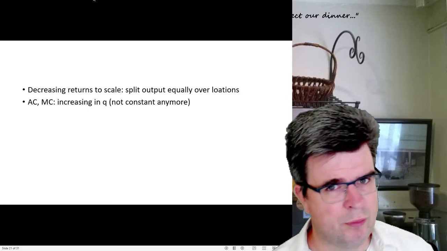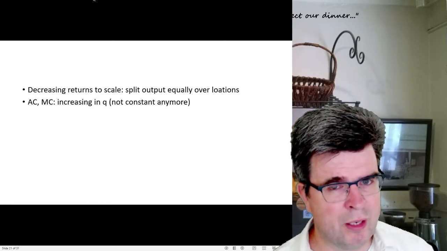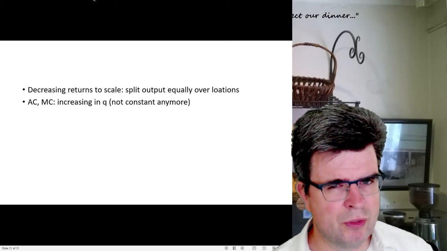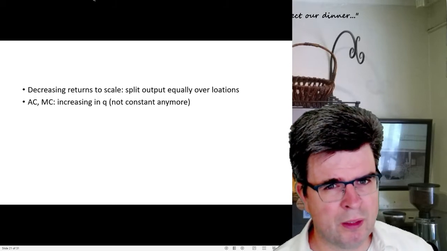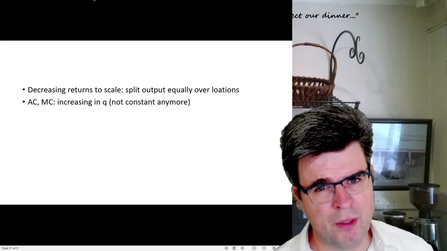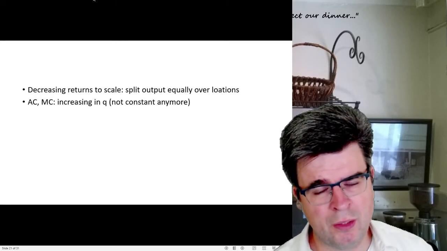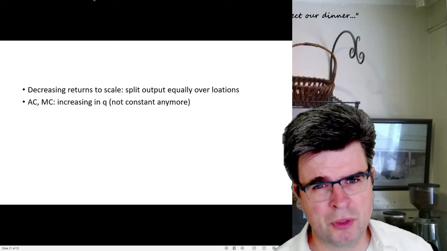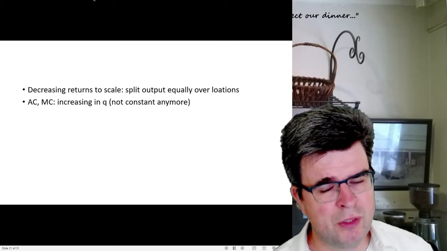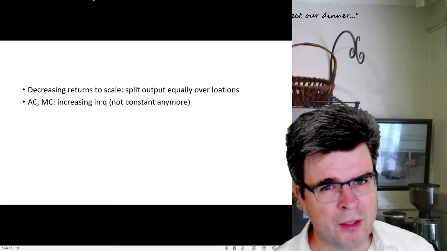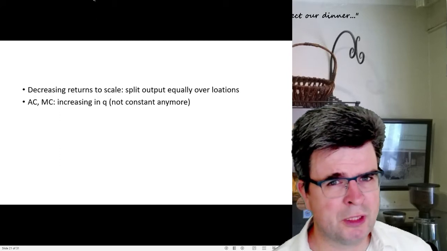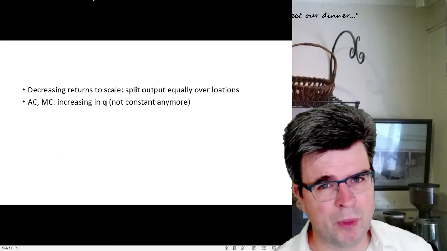So you can also ask what would happen if you have increasing returns to scale. So the more capital and labor you have in place, the higher the multiplication factor for your production. If you have increasing returns to scale within a plant, then you want to produce as much as possible within one plant.